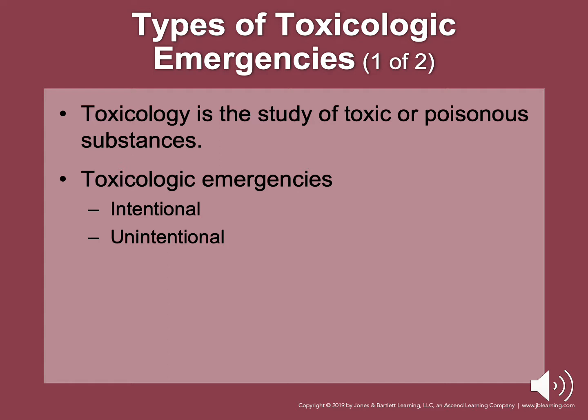So a lot of times they overdose on them unintentionally. Sometimes these patients forget to take their medicine, and sometimes they go and take two doses at the same time, not understanding that they only need to take that one dose.